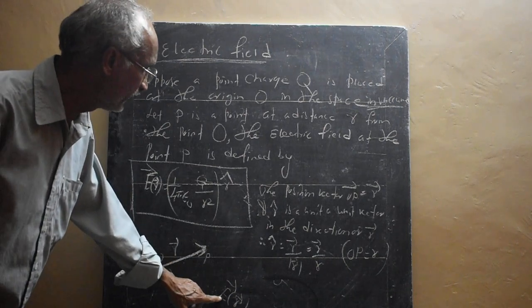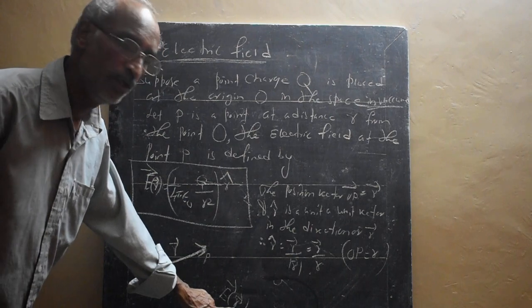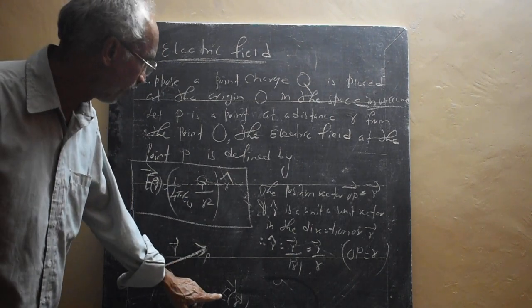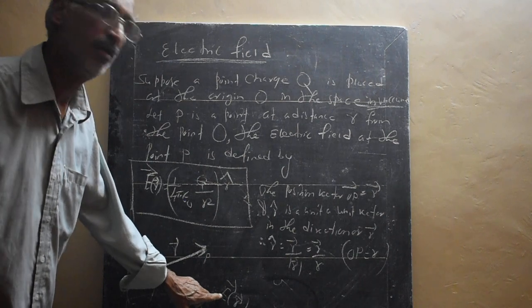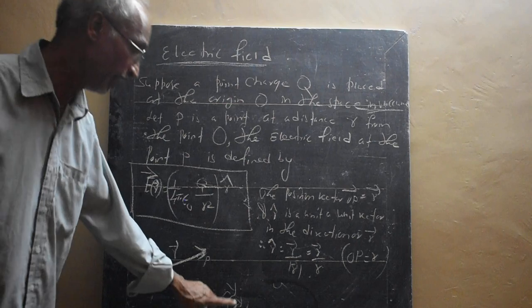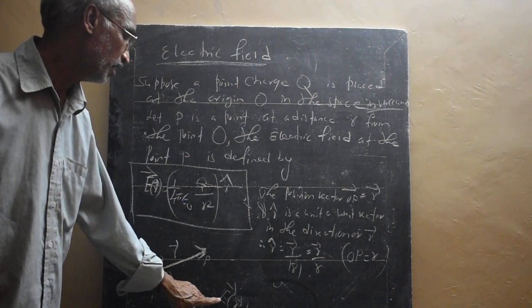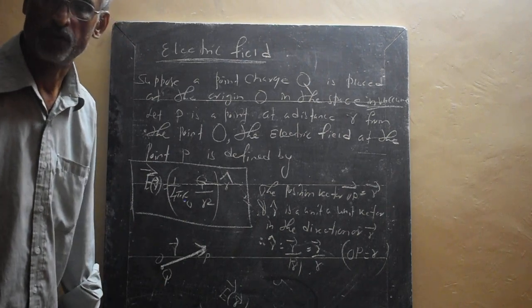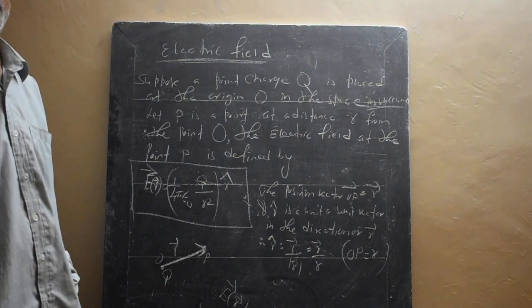It means the electric field at a point depends upon the charge and the distance between the charge and the point. From point to point, the electric field varies.